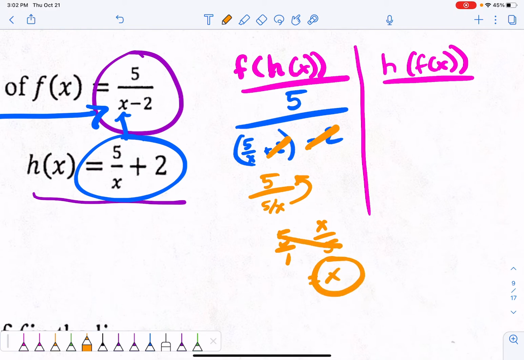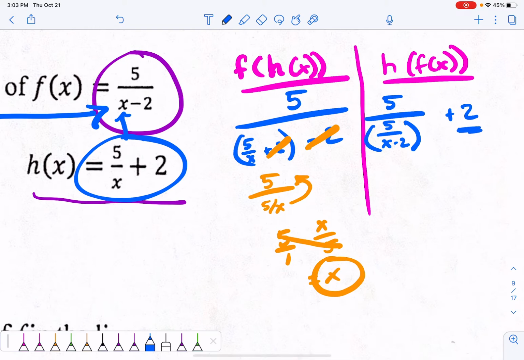Let's make sure the other side checks out also. So we're starting with the h now. We have 5 over x plus 2, and x is 5 over x minus 2. We're just going to let this 2 chill for a second, and keep-flip this guy to the top. So we have 5 times x minus 2 over 5, which is really like 5 over 1.